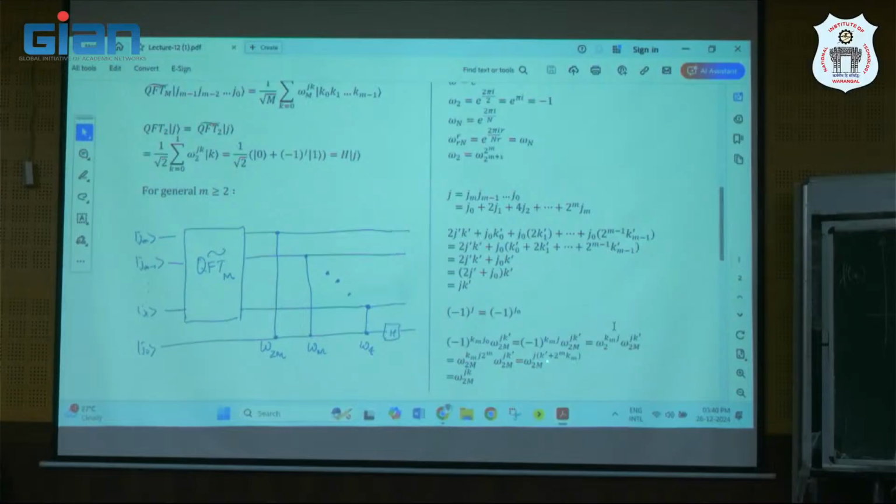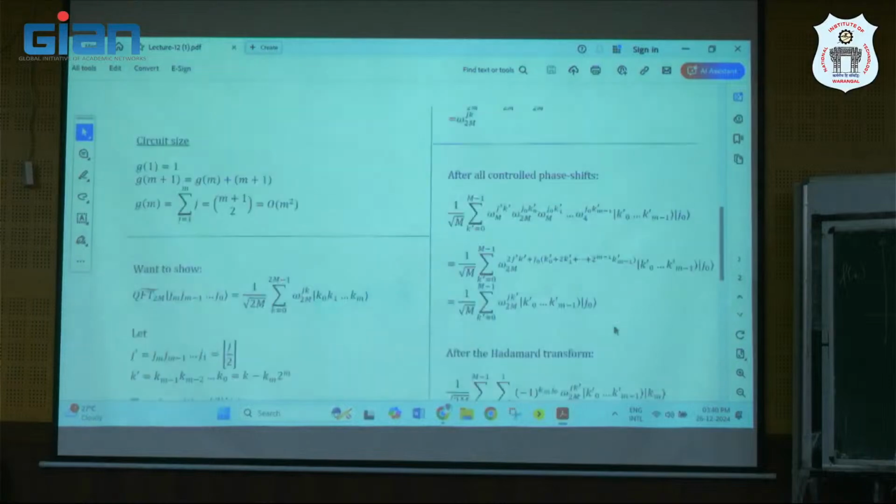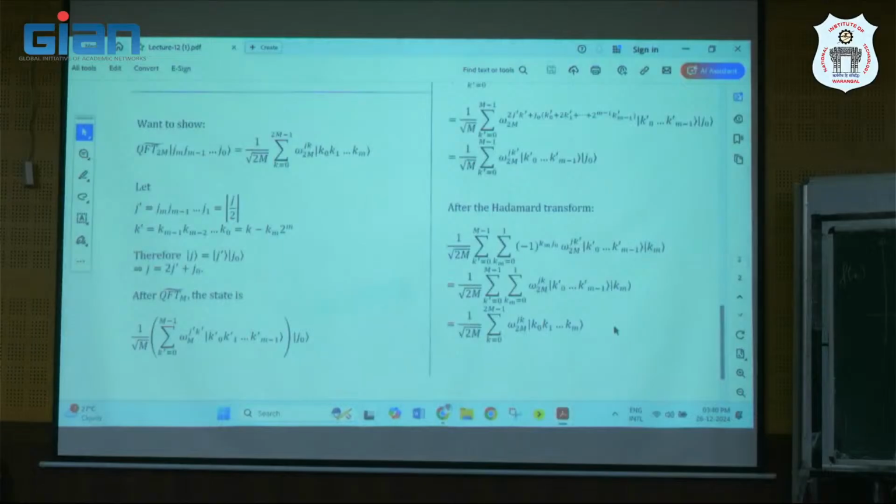J we take out, k prime plus 2 to the m km is k, correct? K prime plus 2 to the m km is k. So we finally got omega 2m to the jk, correct? And this is all in the reverse order. So now that's it, done.